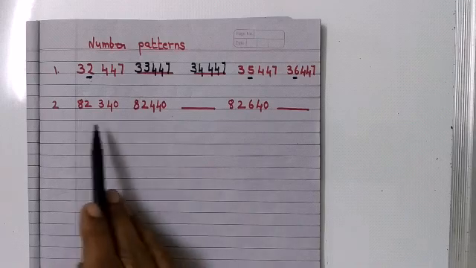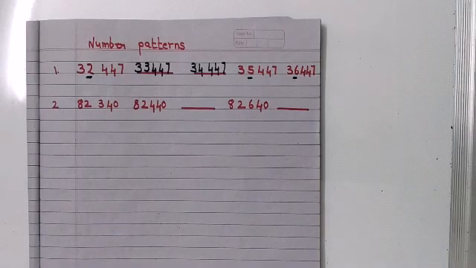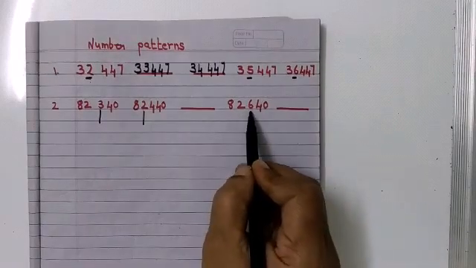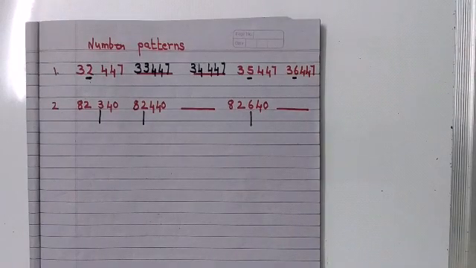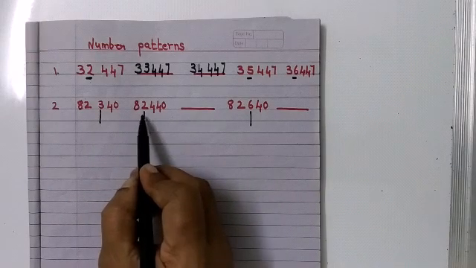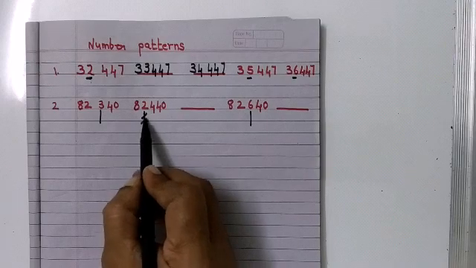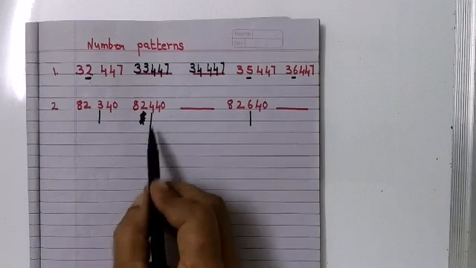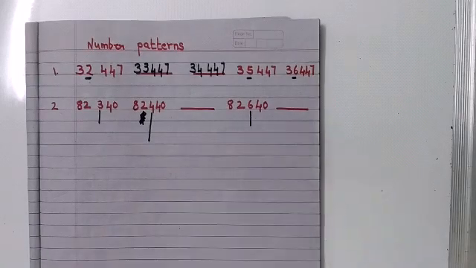Now you look at the next one, children. Now you take a minute and tell me in which place value there is a change. Yes, in the hundreds place. Can you see here? Correct? This is 3. Then this is here in the hundreds place and then here 6.